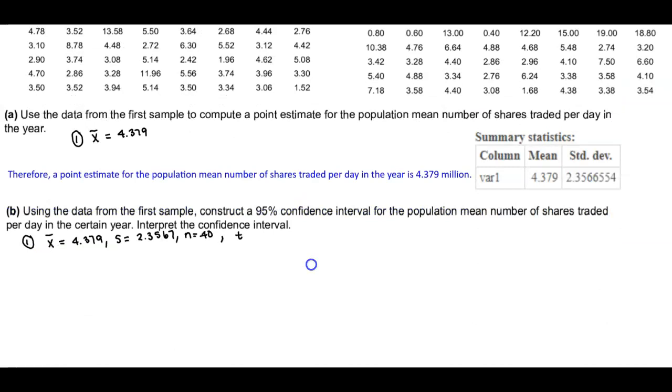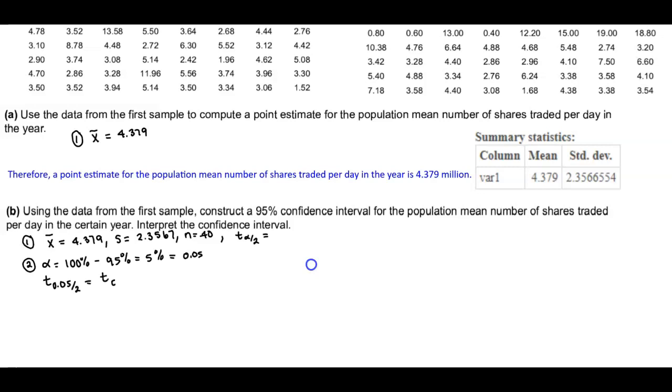Okay, and then we need to find the critical value. Again, we have a 95% confidence interval, so to find alpha, it's 100% minus 95%, which gives us 5%, and that gives us 0.05. Then to find the critical value, we take that 0.05 and divide it by 2.